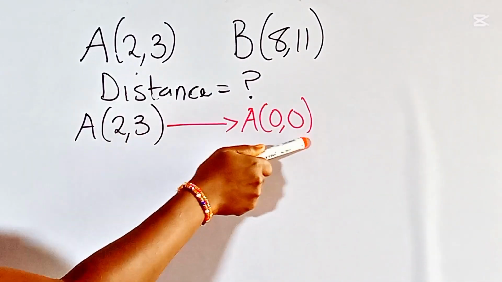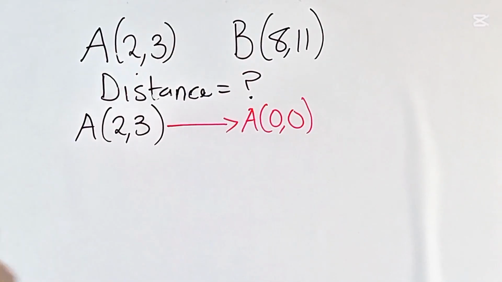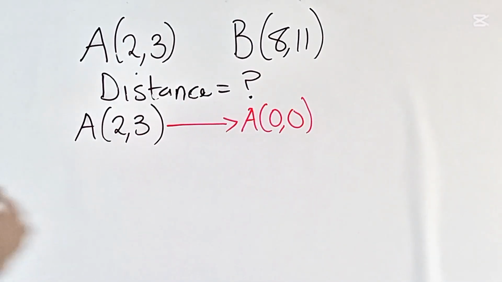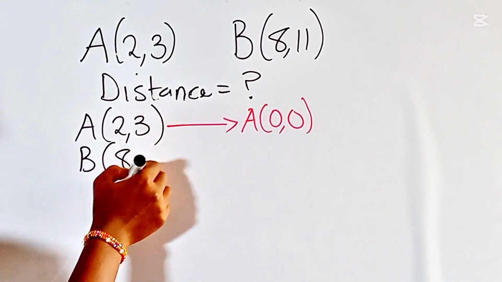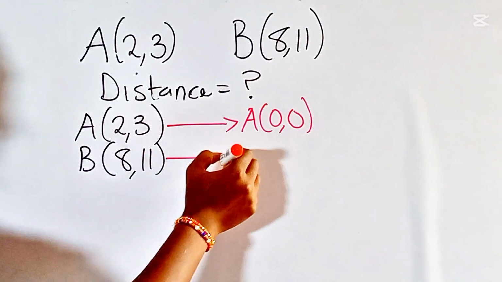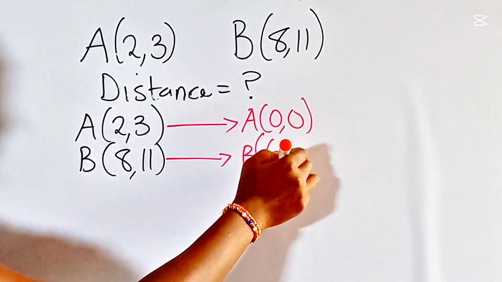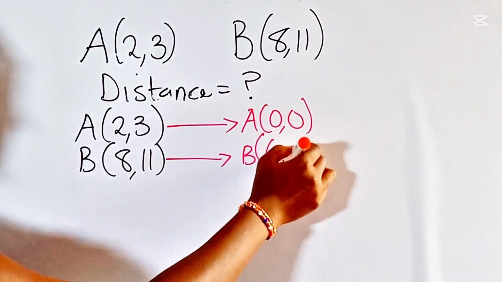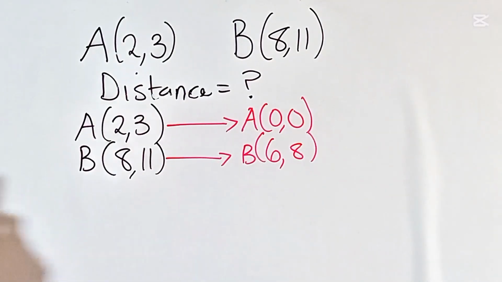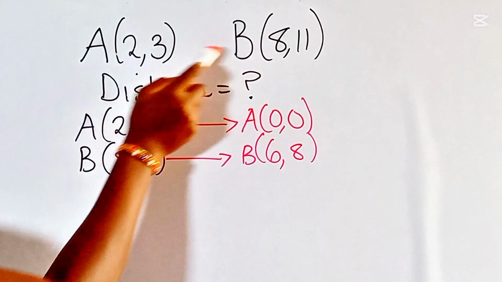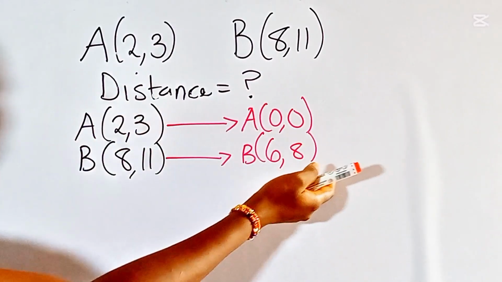So if A does this, B must also do the same thing. So B, that is (8, 11), moves left by 2 to become 6 and moves down by 3 to become 8. Take note, we didn't change the distance, we only shifted it and made it easier to see.